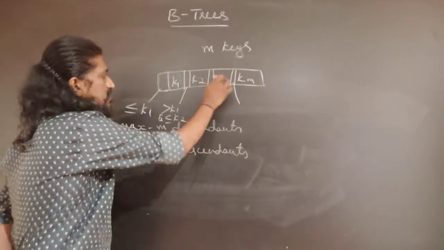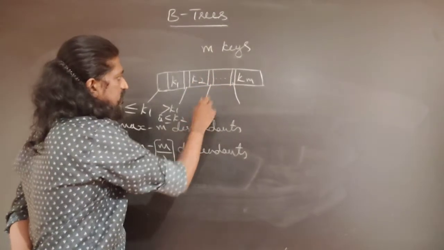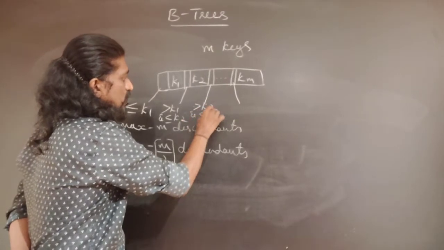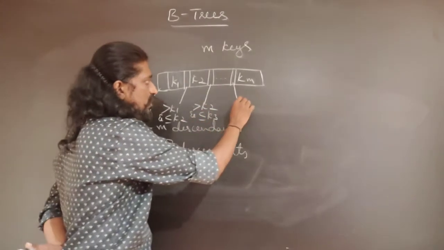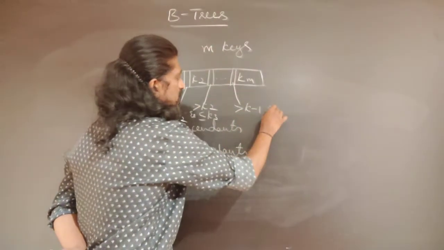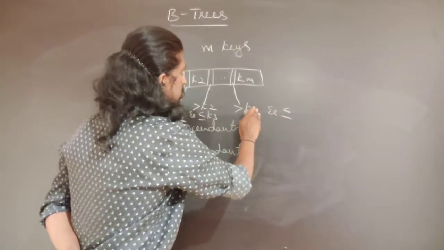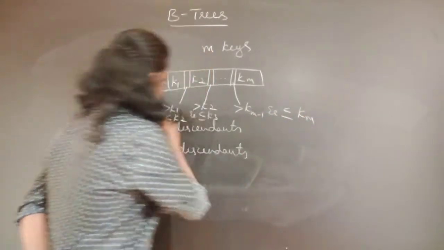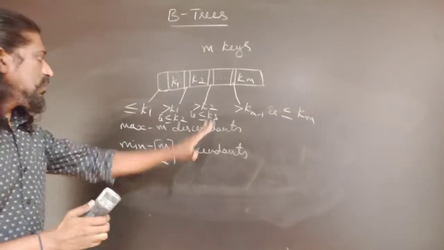A descendant between k2 and k3 will have keys greater than k2 and less than or equal to k3. The last descendant will have keys greater than km minus 1 and less than or equal to km. So this is how a B tree looks.